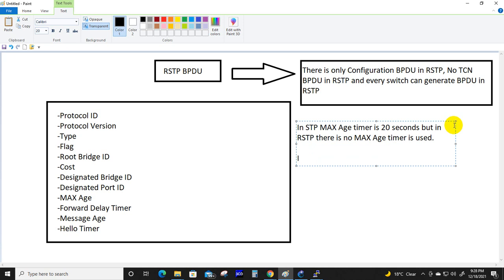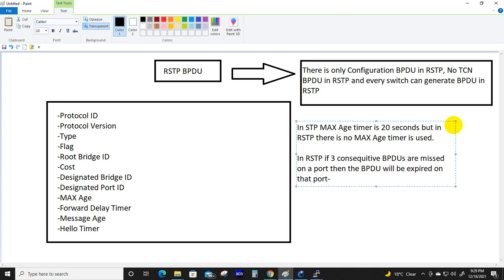In RSTP, if 3 consecutive BPDUs are missed on a port, then the BPDU will be expired on that port.